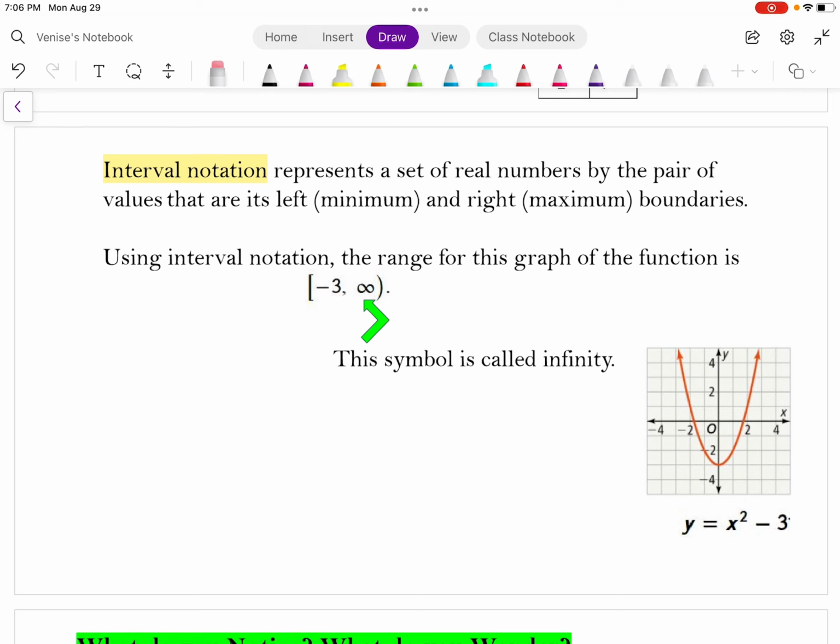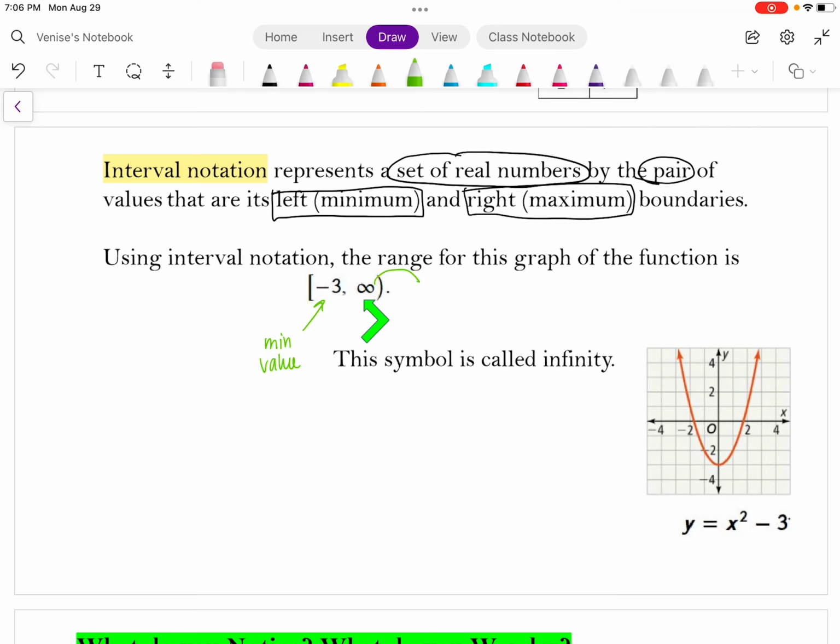Next, we have the interval notation. This represents a set of real numbers by a pair of values: left minimum, right maximum. So this is the minimum value. This is the maximum value.